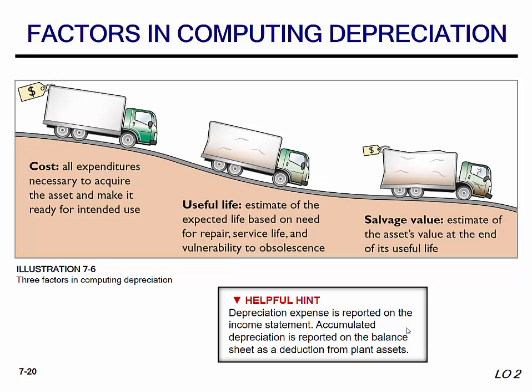I mentioned to you all earlier that there will be journal entries done. We've talked about these throughout the semester: depreciation expense is an expense account and it gets shown on the income statement.